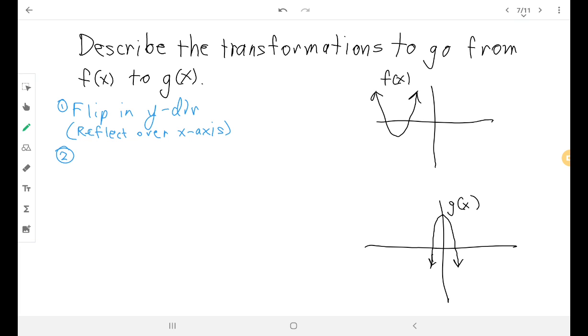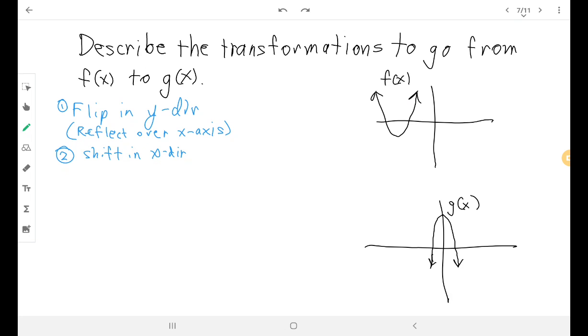A second thing that's happened is clearly it's been shifted in the x direction, right? There's been a shift in the x direction, and we haven't really marked anything, so we don't know how far, but if there were good markings, we could count it. Let's say that vertex, this part right here, has moved, I don't know, 3.